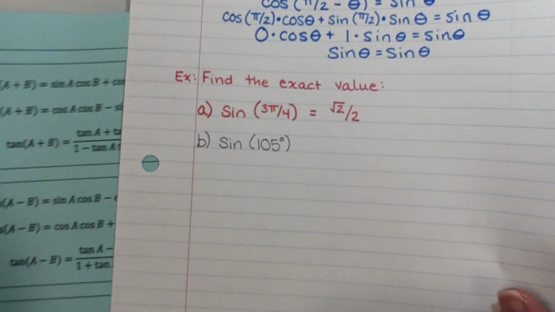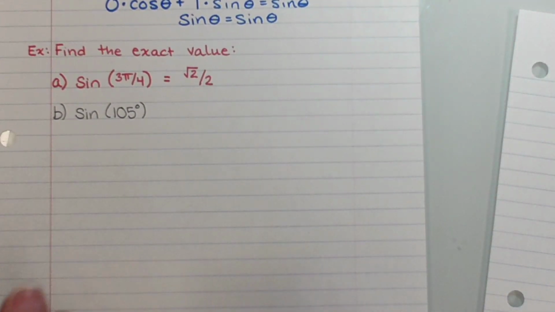So we're working in degrees. I'm going to look at the degree angles on the unit circle, and I'm going to ask myself, is there some way I can grab two of those angles and have them either add or subtract to get 105? 60 plus 45 is one option. 135 minus 30.